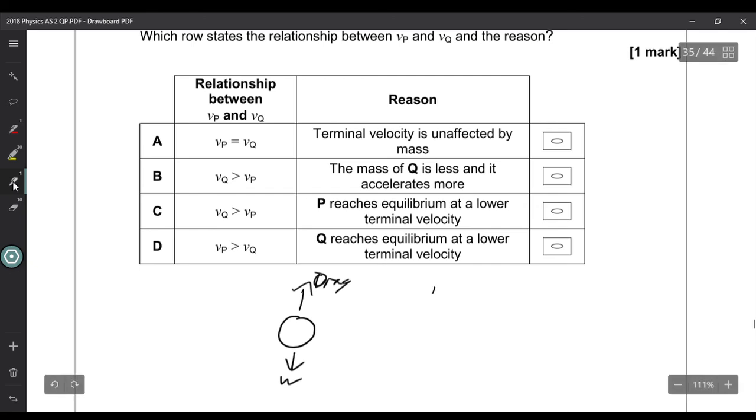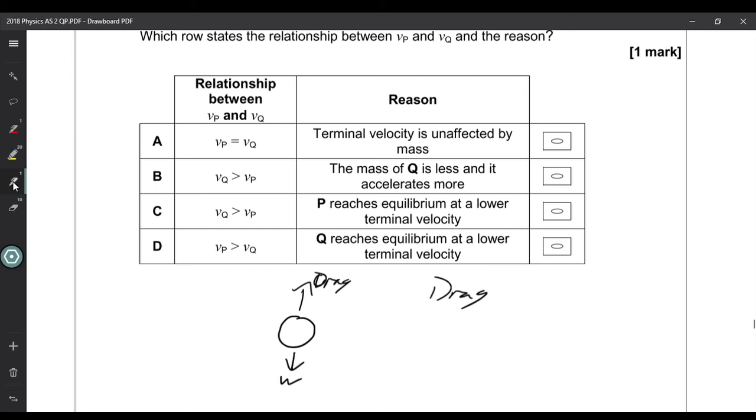Now drag is obviously to do with air resistance, and the amount of air resistance is related to velocity. So the higher the velocity, then the higher the drag. Now if you've got something that's of a larger weight, then that's going to require a bigger drag before it reaches terminal velocity.